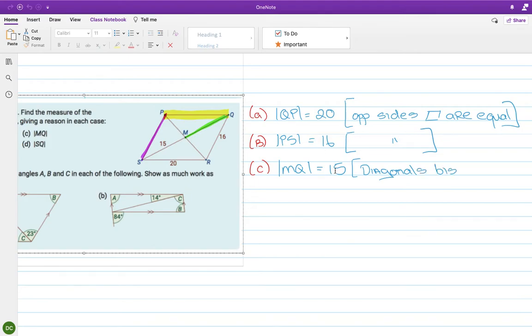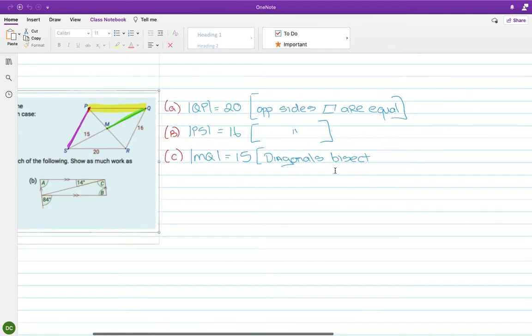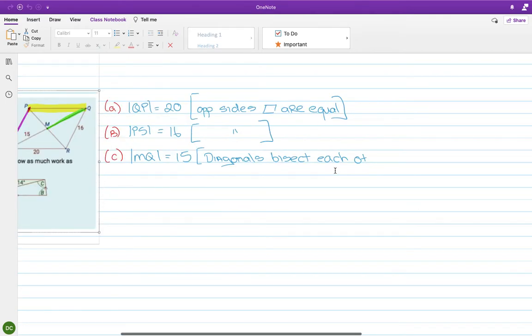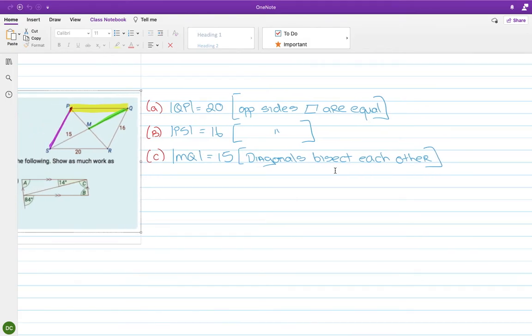So trying to work the picture here now, this diagonal here from P to R cuts the other diagonal in half, which means if this bit of it is 15, the other bit has to be 15 too.